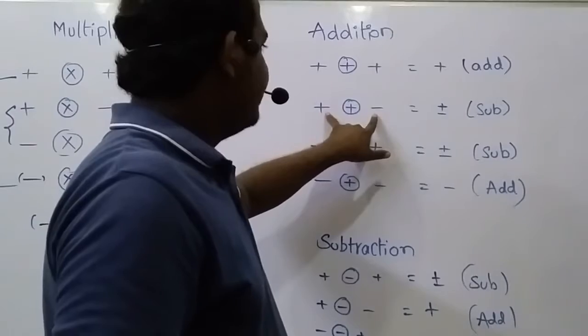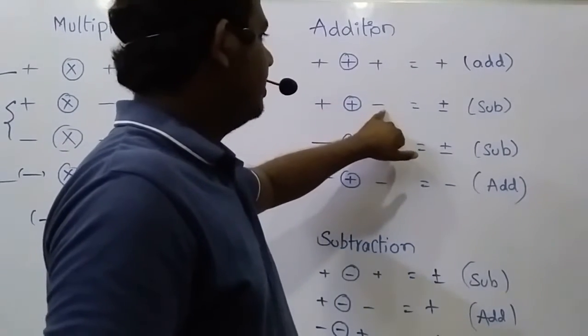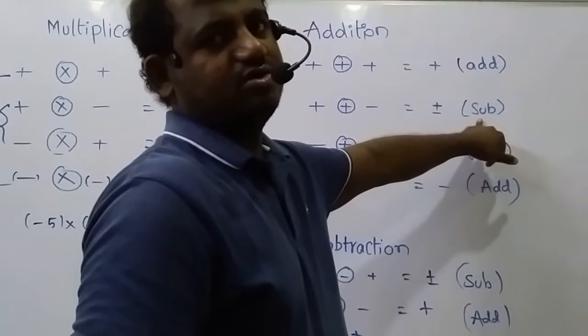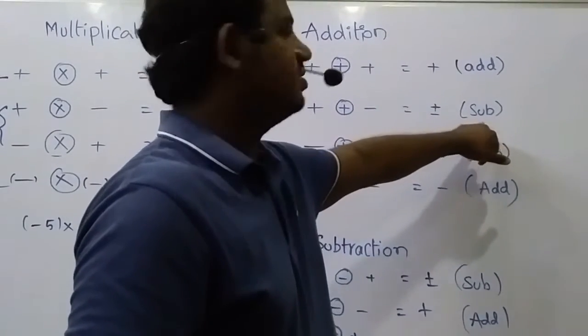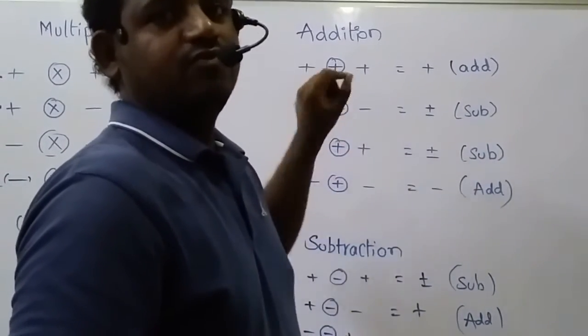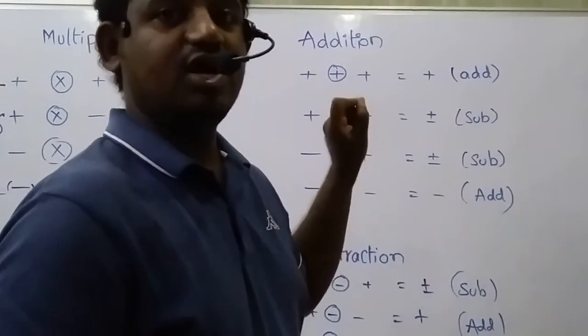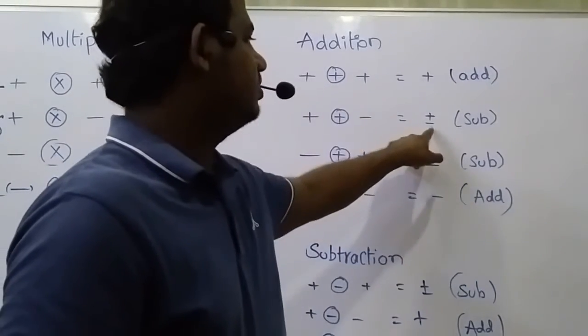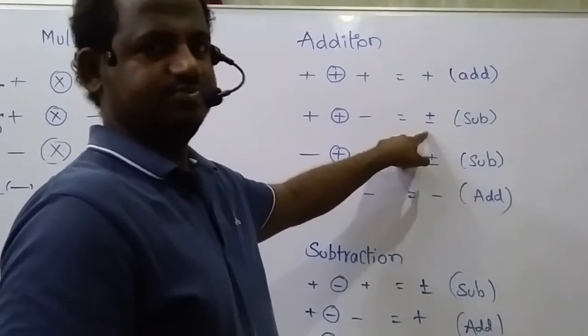If we are adding one positive number and one negative number, first you have to perform the subtraction operation on the numbers and then put the plus or minus. Out of these two numbers, whichever is the larger number, whatever sign the larger number has, that sign we put before the subtraction result.